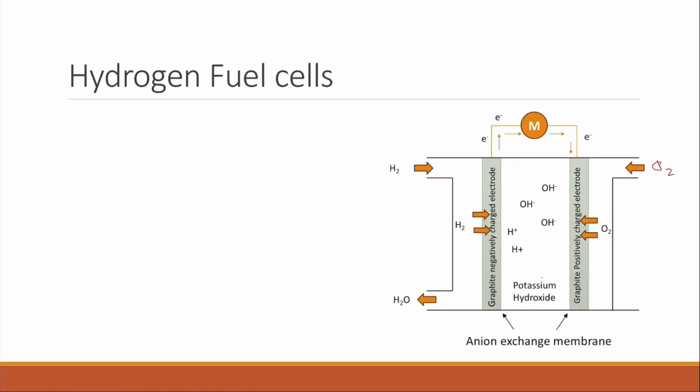Hydrogen will be oxidized here by reacting with the hydroxide ion because the electrolyte here is potassium hydroxide. It's an alkaline hydrogen fuel cell, and that will give you water and electrons. And then the oxygen, on the other hand, will be reduced by reacting with water and with the electrons to regenerate the hydroxide ion. The overall equation for that will be hydrogen plus oxygen gives you water.